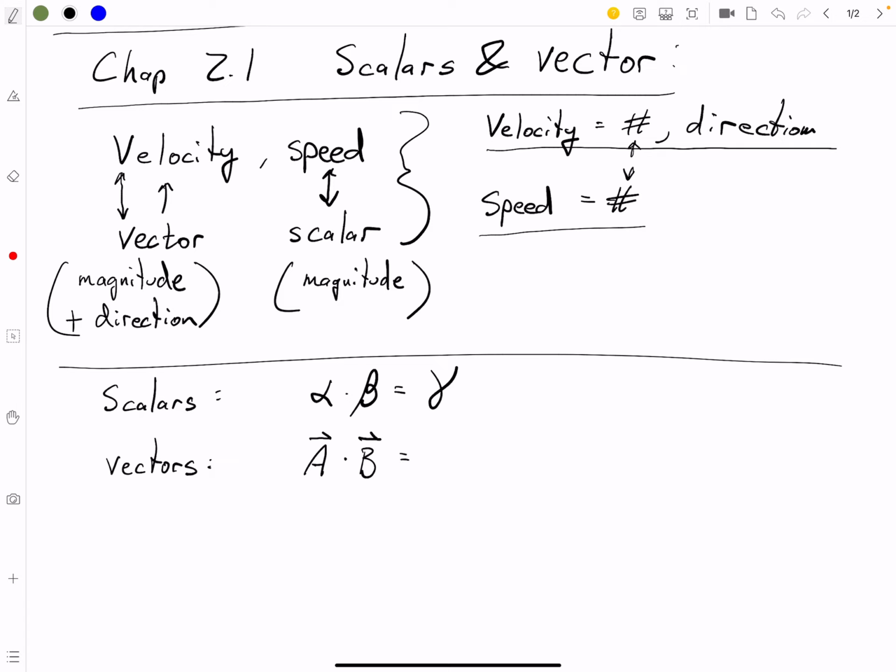And I'm going to say instead of C, I'm going to call it our resulting vector. Okay? Now, when we do this, we get no direction.